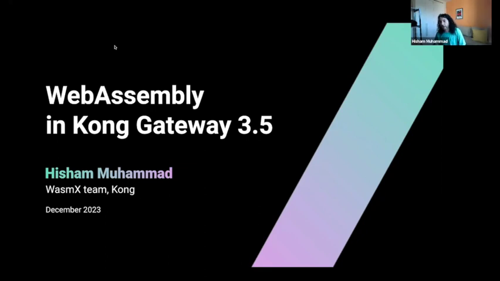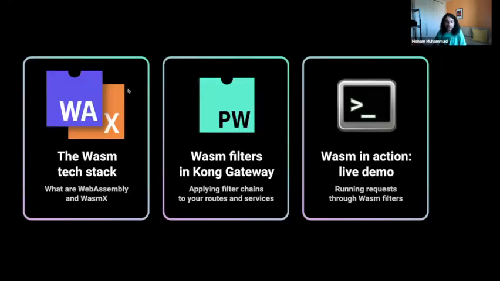At the end, I was going to focus most of the new stuff for 3.5 in the live demo section, but I will present it in a different way. Let's start with the recap to make sure we're all on the same page.